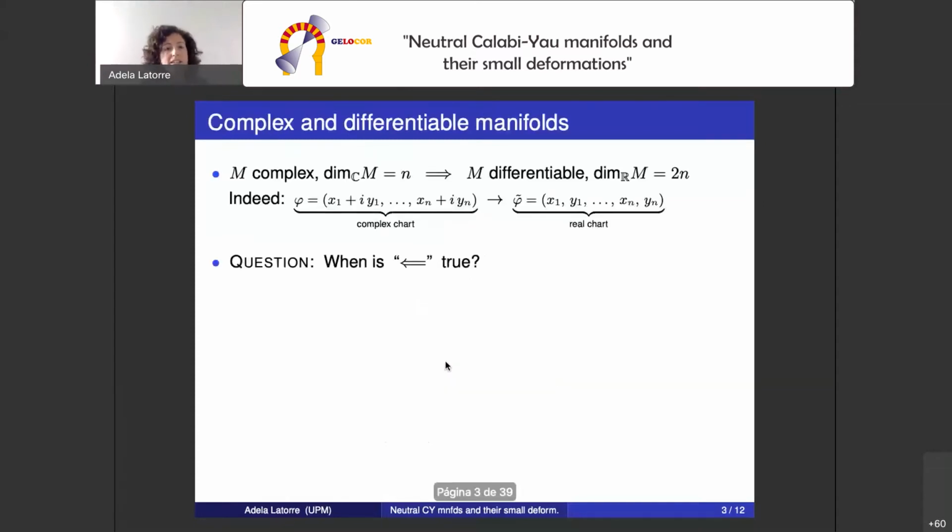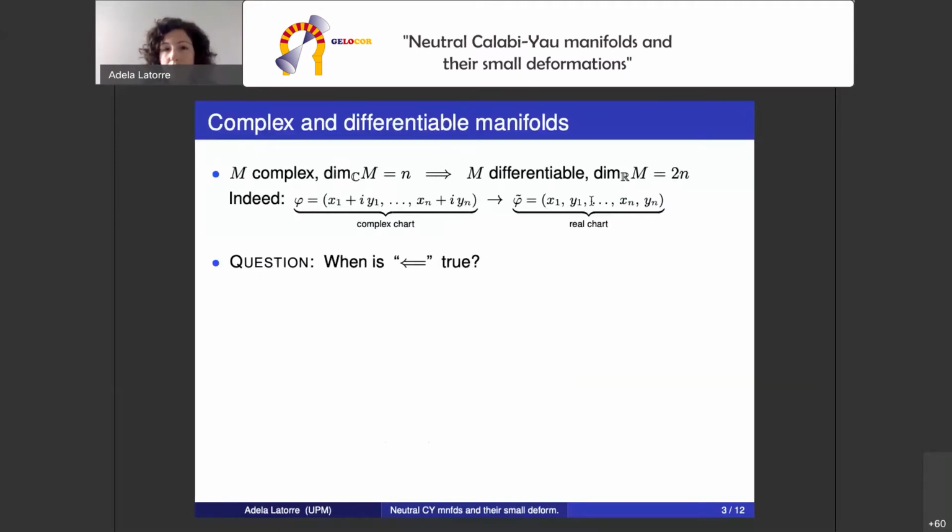So there is an obvious relation between complex manifolds and differentiable manifolds, because when we have a complex manifold of complex dimension n, the same topological space has the structure of a differentiable manifold of real dimension twice the complex dimension. Because for every complex chart, we can separate the real and imaginary parts, and then we get a real chart.